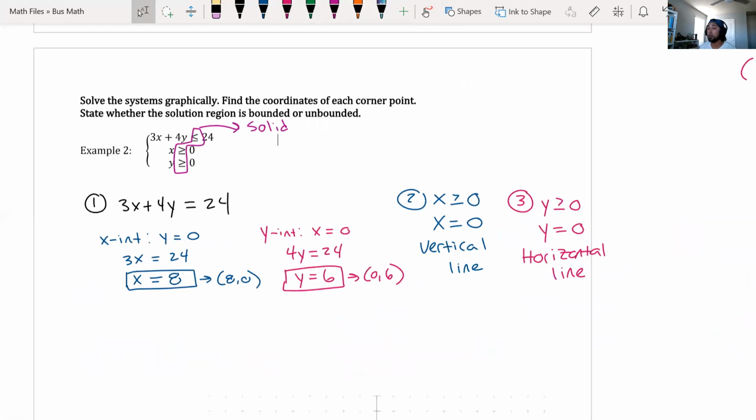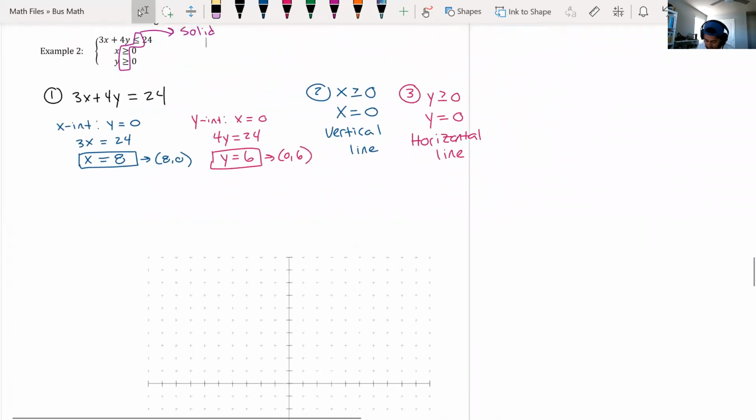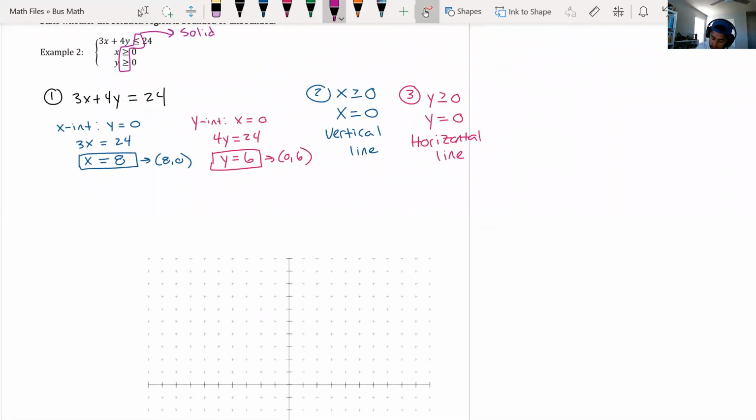Which means let's go ahead and graph. Okay. So we'll plot the first one at 8 and at 6. 1, 2, 3, 4, 5, 6. There we go. And connect. So there's our first one.